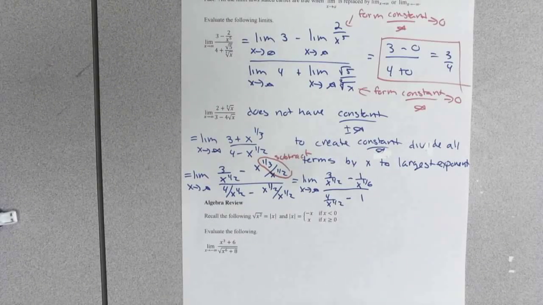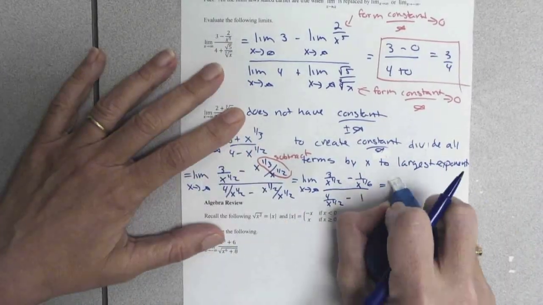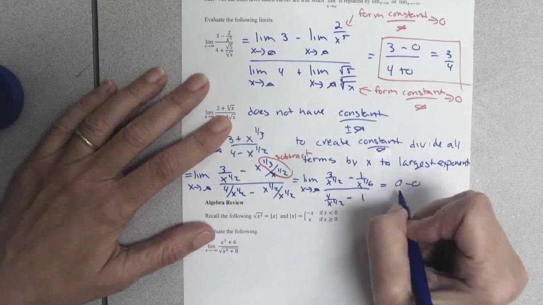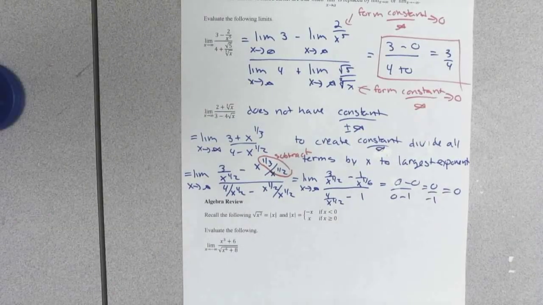If I allow myself to think substitution just for a moment, all those x's, whether it be x to the 1/2, x to the 1/6, the square root of infinity is infinity, the 6th root of infinity is infinity, all those x's would become infinity, all of those would be constant over infinity, and so I'm going to have 0 minus 0 over 0 minus 1, 0 over negative 1, which is 0. And there's that answer.